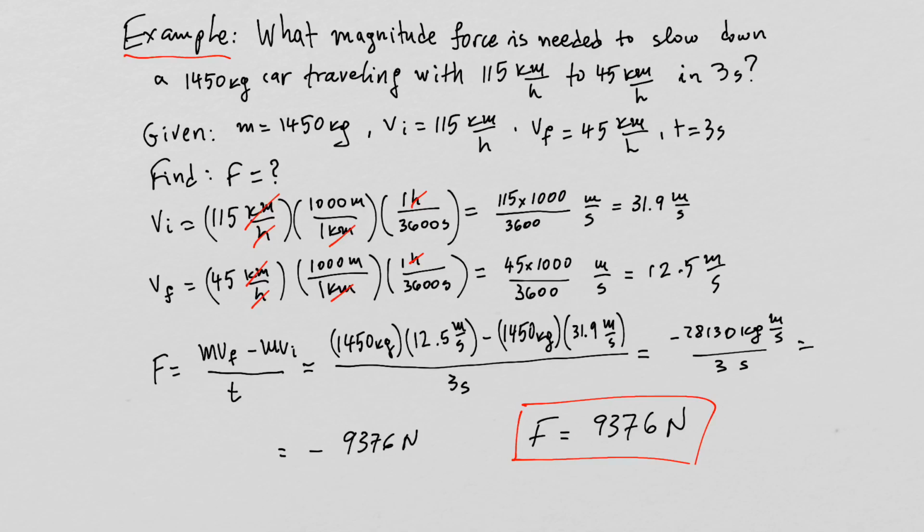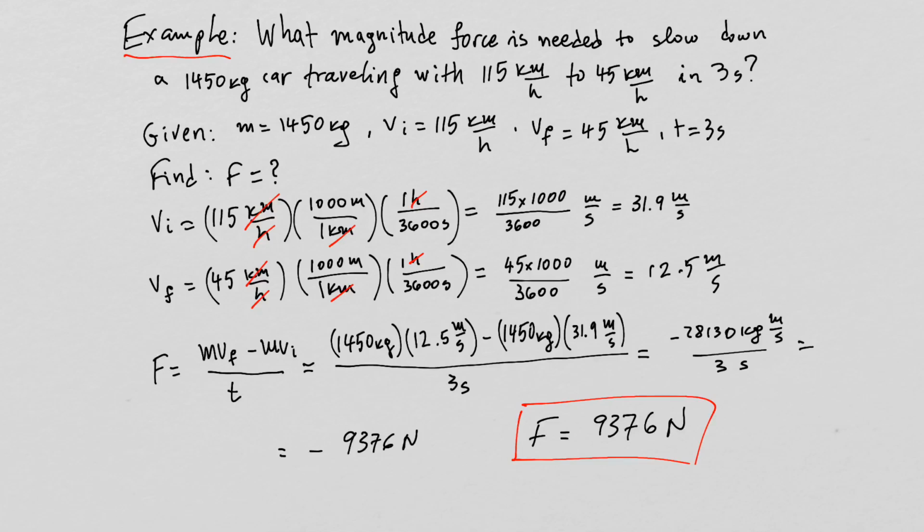The car is decelerating. That's why the speed is decreasing. And since the calculation requires the change in momentum, the difference between a final value minus initial value, and the final value is smaller than the initial value, we get this minus sign. But this minus sign really tells us that the force acts in a direction opposite to the direction of motion of the car.